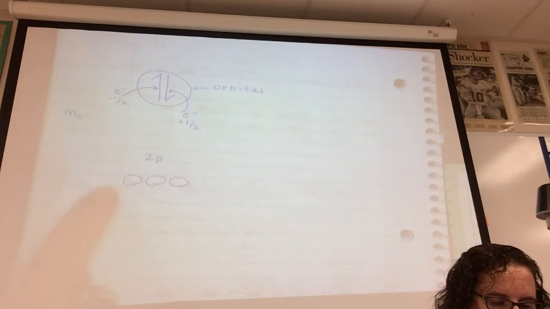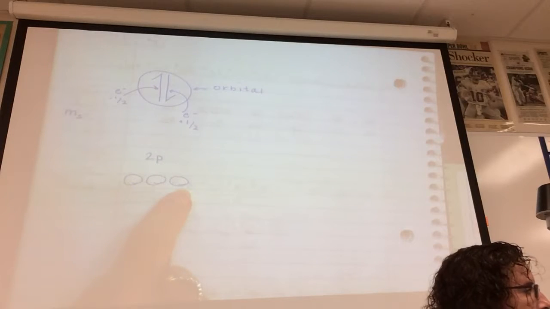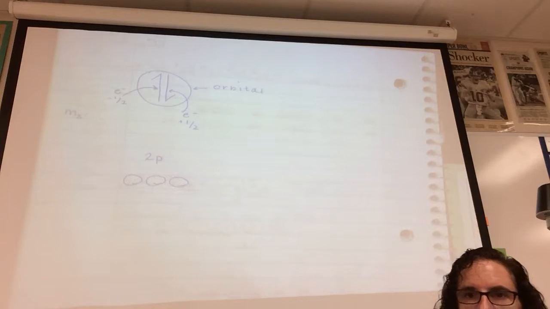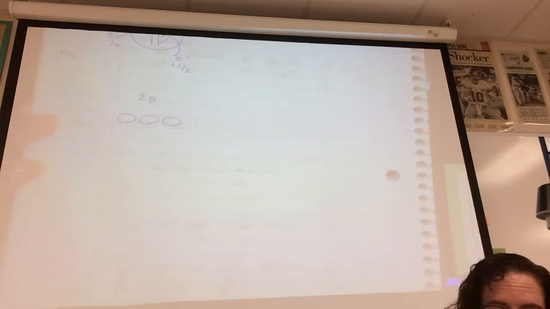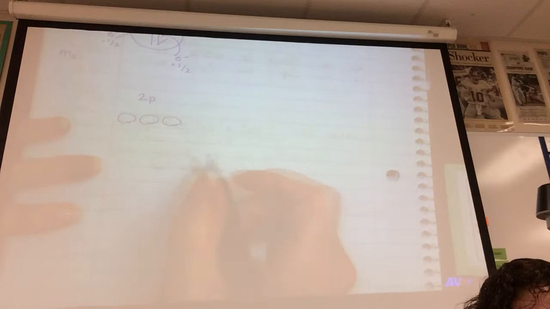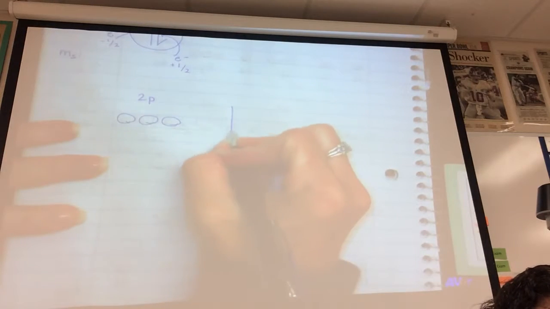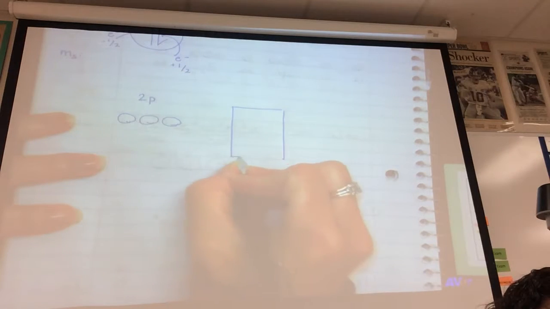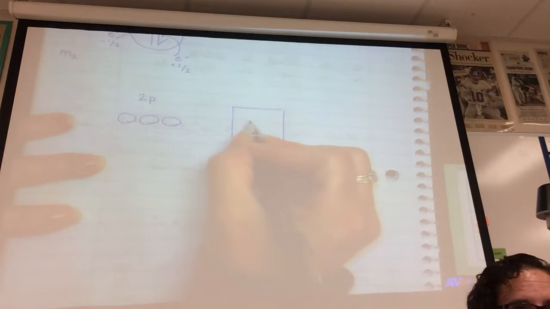It says orbitals within the same subshell are each occupied by one electron with the same spin before pairing occurs. This is the bus rule. For example, let's say that this is my little mini bus. Doesn't even have a driver.